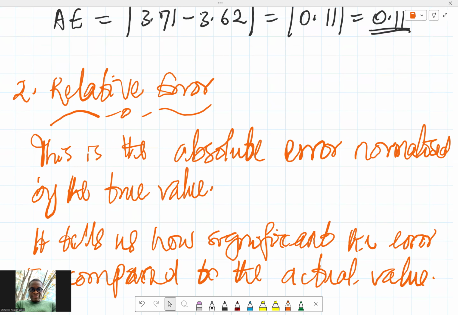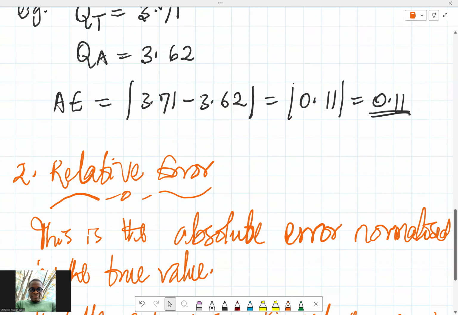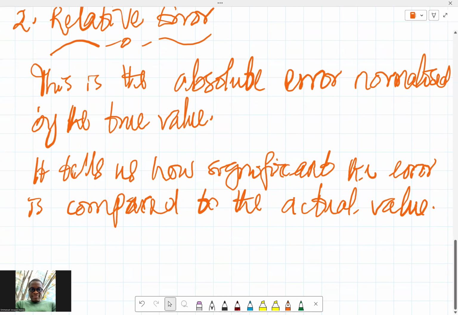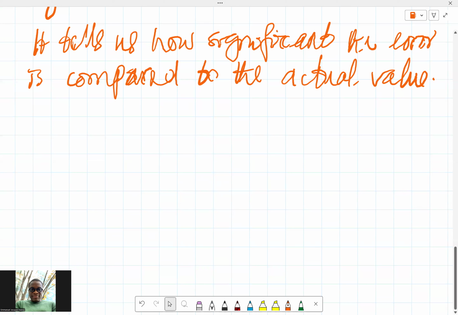For instance, if you take the example we had the other time, the true value of Q is 3.71.